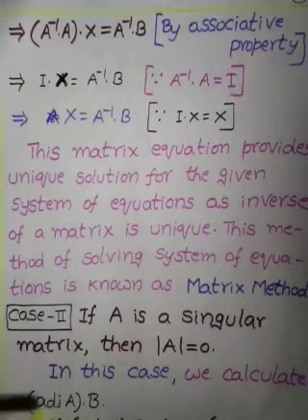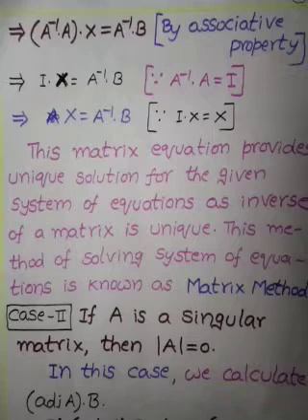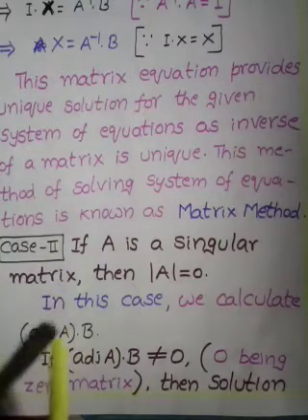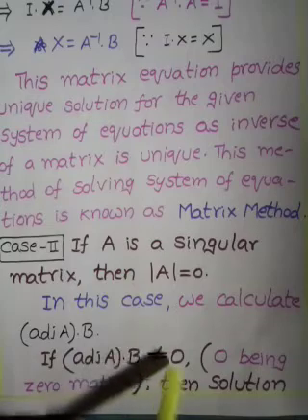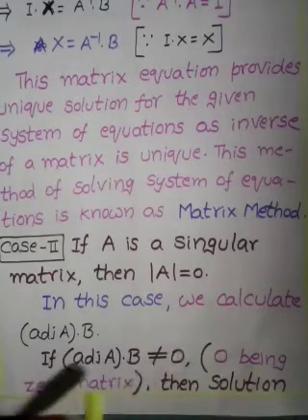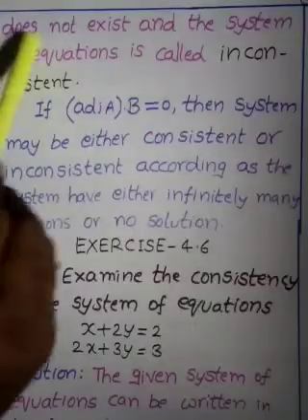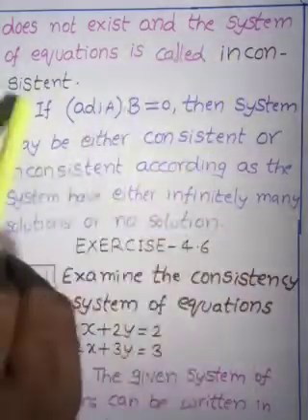We have to calculate this matrix. So in case 2, we calculate adjoint A into B. If adjoint A into B is not equal to 0, where 0 means a zero matrix, then the solution does not exist and the system of equations is called inconsistent.